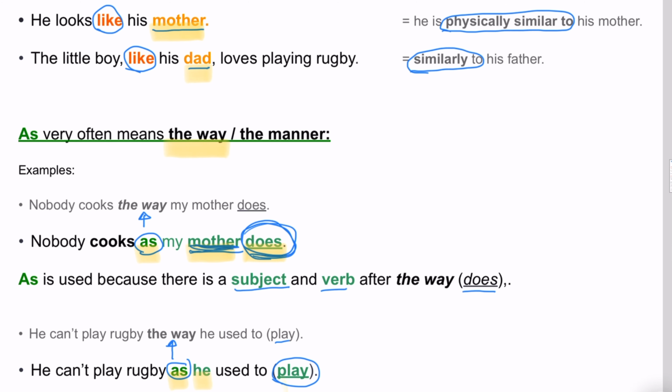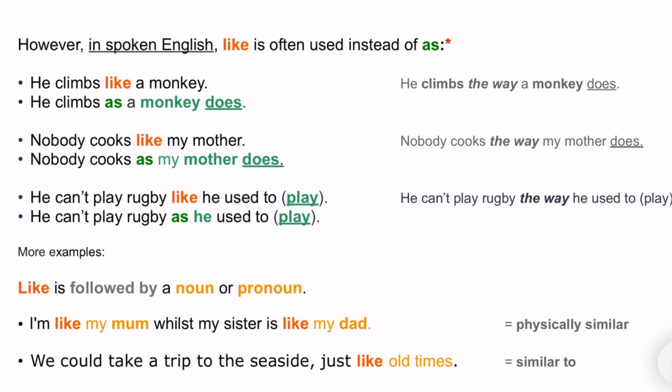We're imagining play. However, in spoken English, in colloquial English, like is often used instead of as. So we can say he climbs like a monkey, means he climbs the way a monkey does, or he climbs as a monkey does. Here we've got the monkey as the subject and does as the verb.